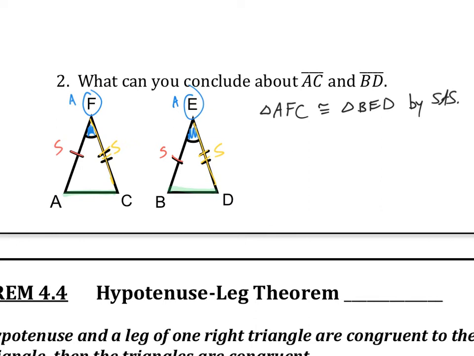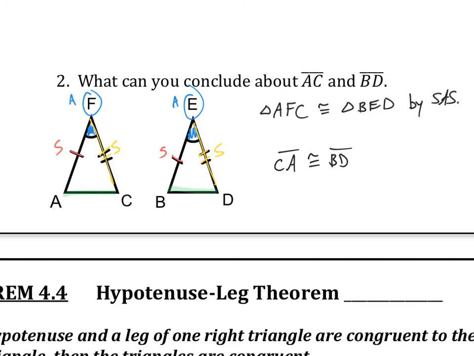It kind of shows in the picture, the red sides, the yellow sides, and that blue angle. If those triangles are congruent, what can you say about the two green parts? Go ahead, Gabe. That they're also congruent, since both triangles are. So if the triangles are congruent, we know that all the corresponding sides are congruent. So we could say, all right, well, CA is congruent to BD.